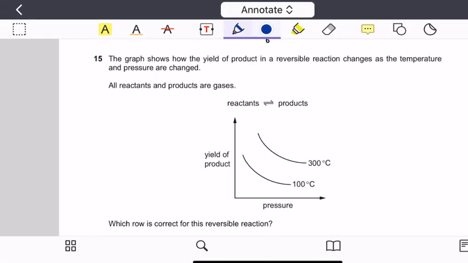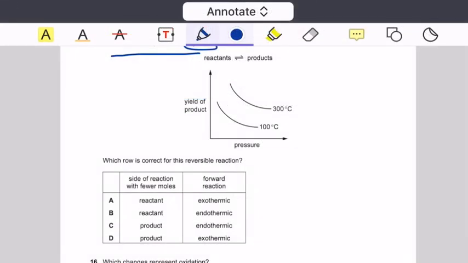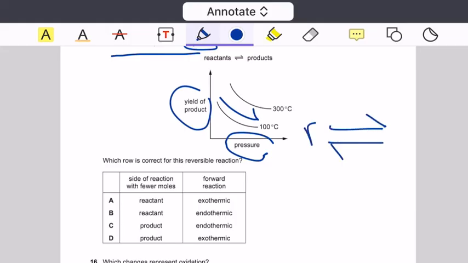Question 15. The graph shows how the yield of product in a reversible reaction changes as the temperature and pressure are changed. All reactants and products are gases, meaning pressure will affect. Looking at the graph, it is clear that when the pressure is increased, the yield of product is decreased. It means that the reaction is shifting to the reactant side, meaning the reactant side has fewer moles.